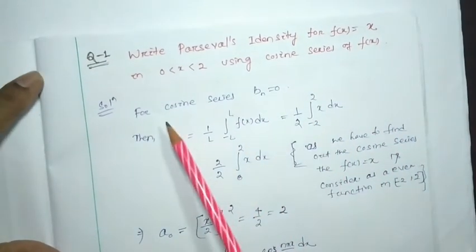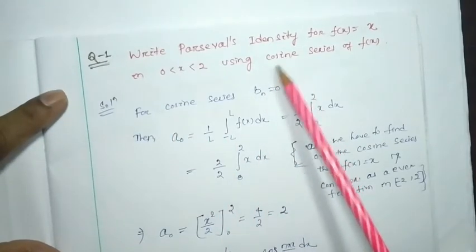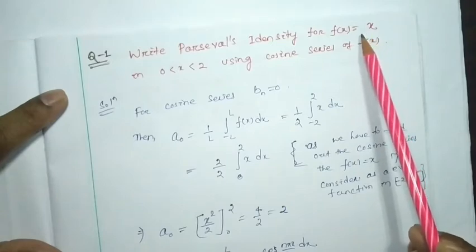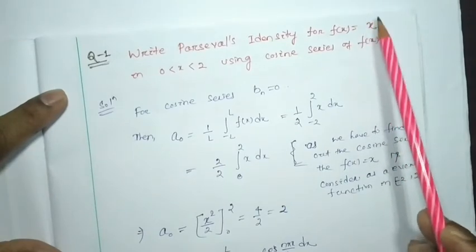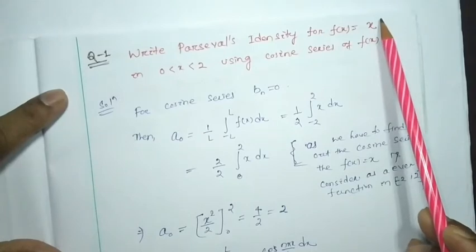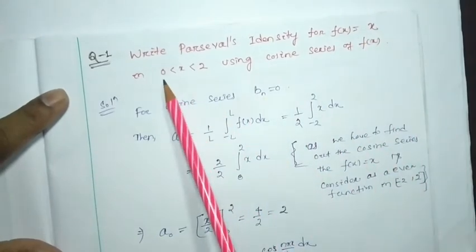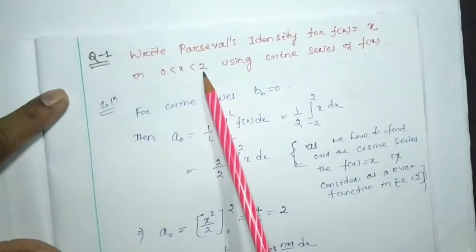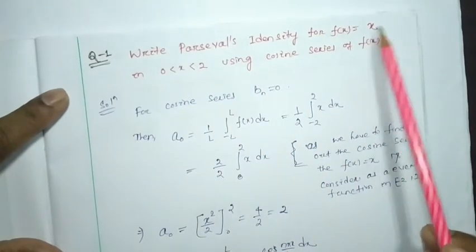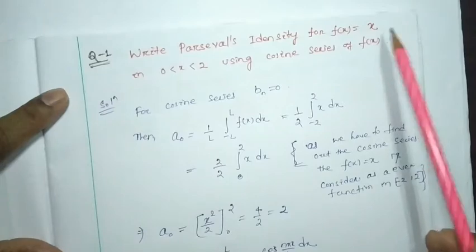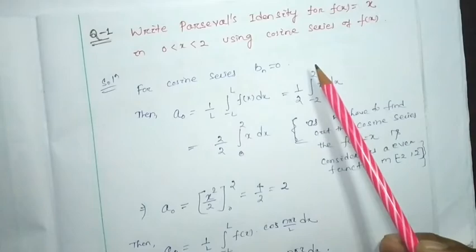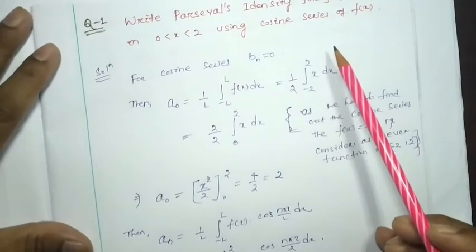Here, if we want to find the cosine series of this function, then what we have to do? We have to transform this function to an even function between minus 2 to 2. So if f(x) equal to x is transformed to an even function, then bn will be equal to 0 and a0 and an are to be found out.